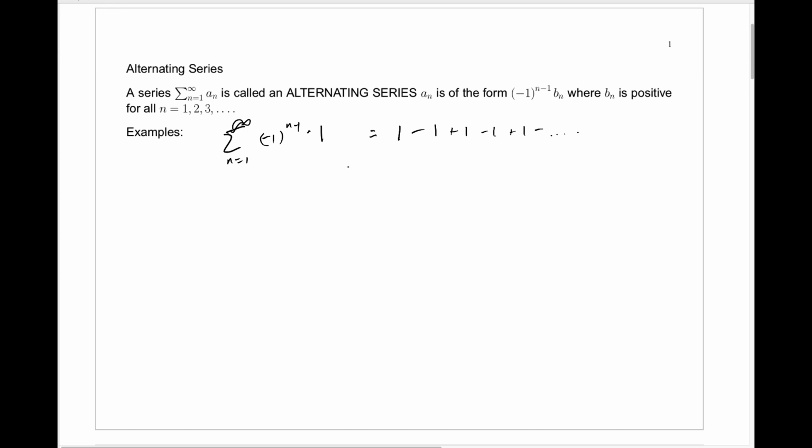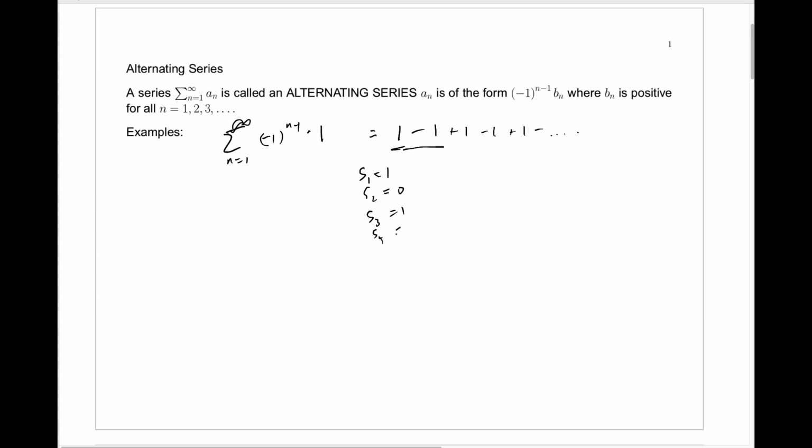Does this series converge? We can see directly that the first partial sum is 1. That's if we add just one term. The second partial sum is 0. That's if we add two terms. The third partial sum is 1.